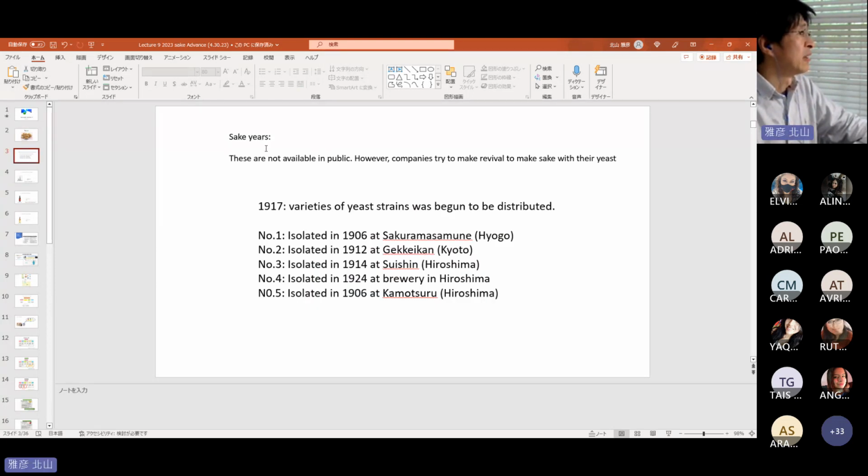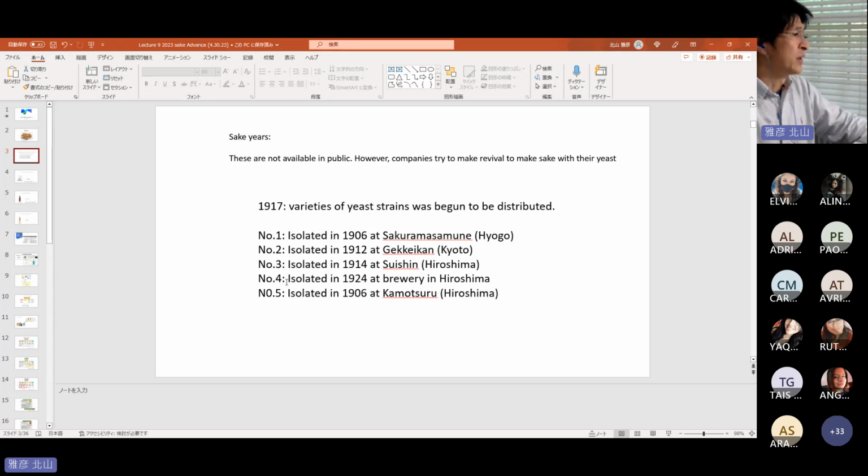Sake yeast. People began to pay more attention since the year of 1917. So these are numbers. The Japanese government made this strain number 1, strain number 2.